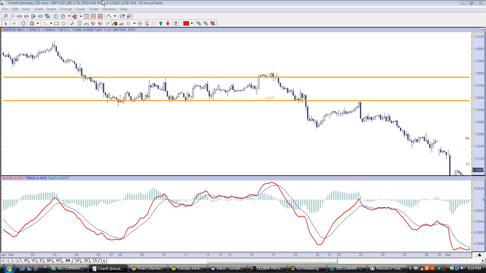We have the breakout, and then this is my favorite way to enter. The bounce, once the market breaks out, comes back to retest, and then I enter on the retest.